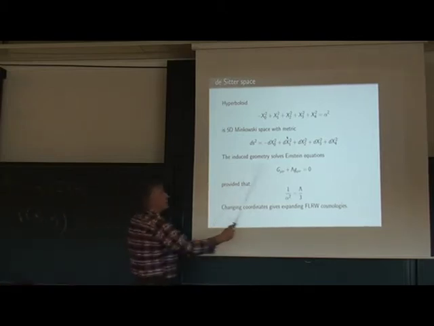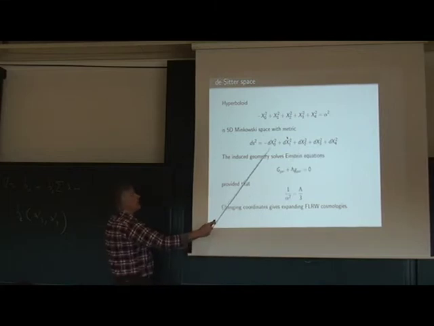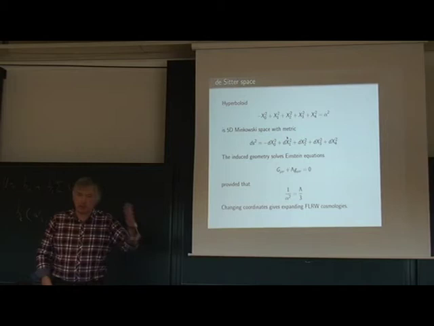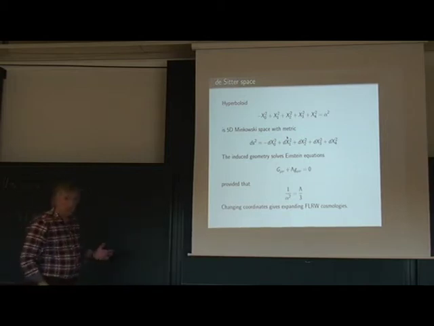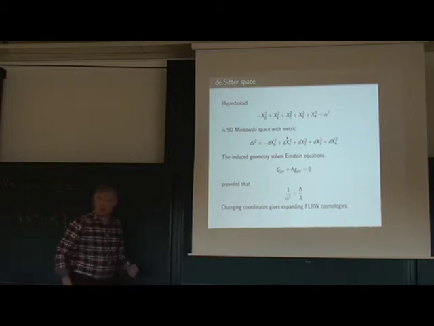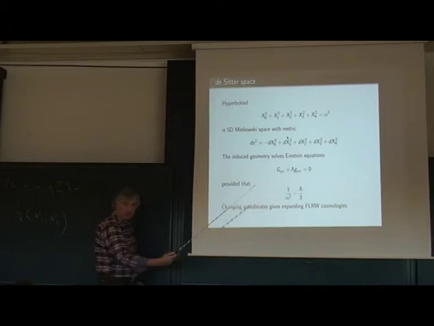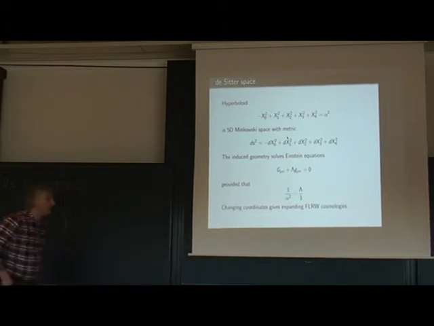And this geometry induces on the hyperboloid the de Sitter geometry, and the de Sitter geometry fulfills the 4-dimensional Einstein equations with a cosmological constant lambda, which is related to the radius in the following way. Okay, this is a fact.